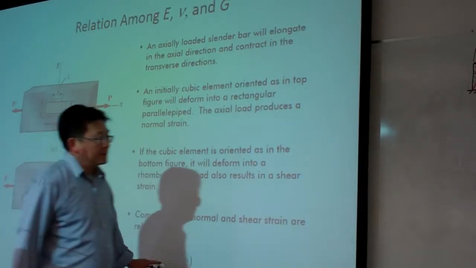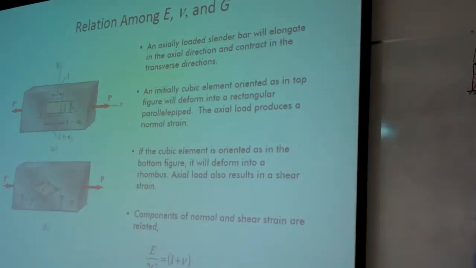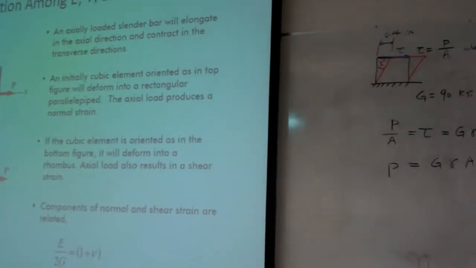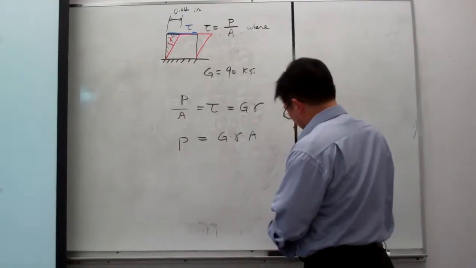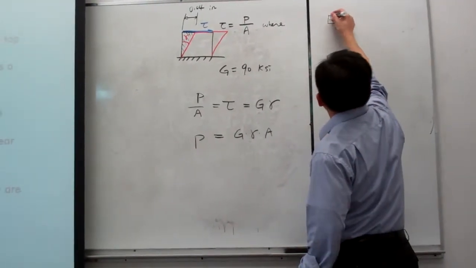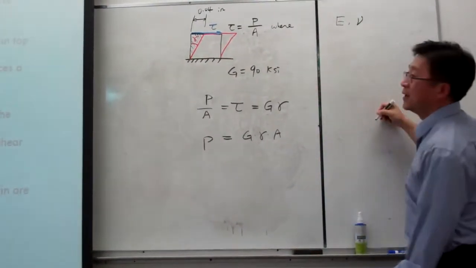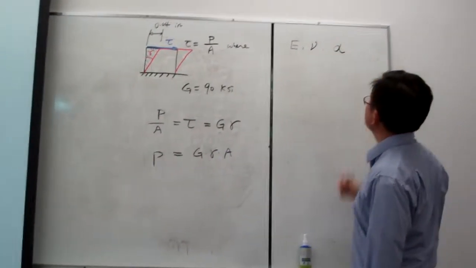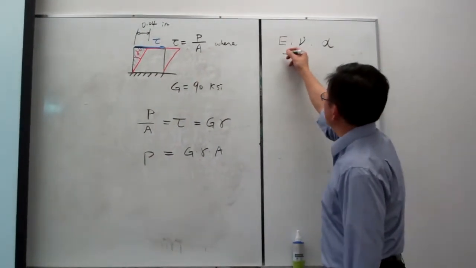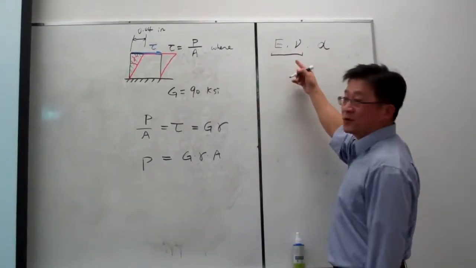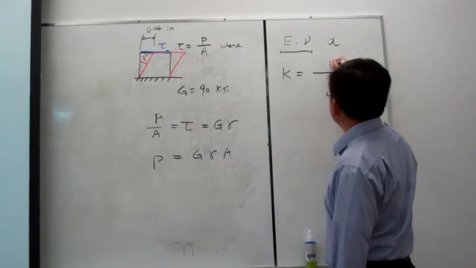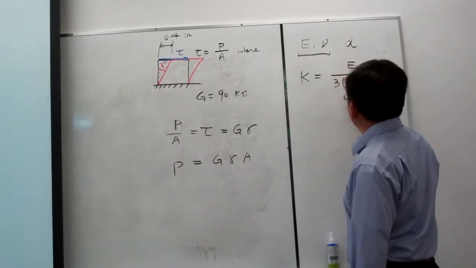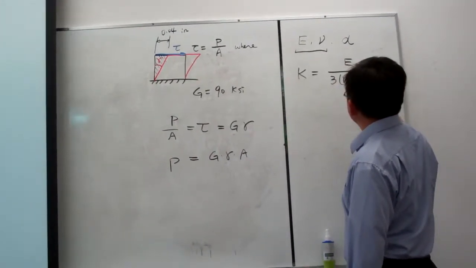This quantity, and again, how many material properties do we have? We have 5 material properties. We give the Young's modulus E, Poisson ratio, and the thermal coefficients. As long as we give, for example, 2 quantities, then we can derive the bulk modulus, that is E over 3 times (1 minus 2 nu).